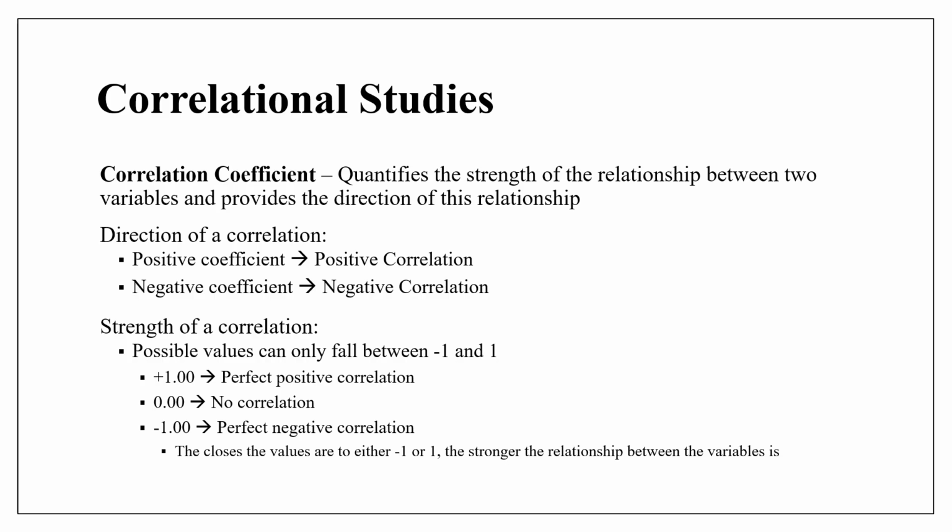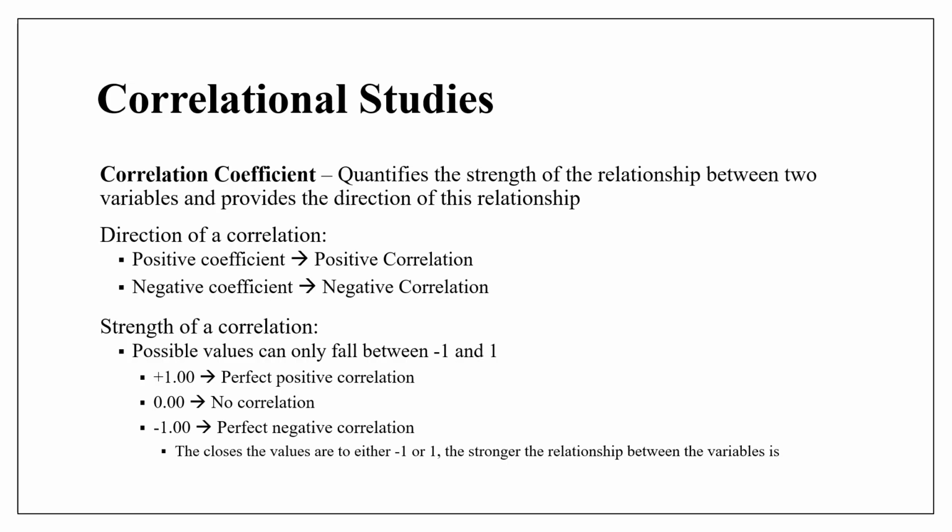So the direction of a correlation, when we're looking at the correlation coefficient, is based simply on whether the coefficient is positive or negative. If it's positive, it denotes a positive correlation and the pattern that we discussed in the previous slides. If it's negative, it denotes a negative correlation and the pattern we discussed on the previous slides. So this is information that we've reviewed so far.